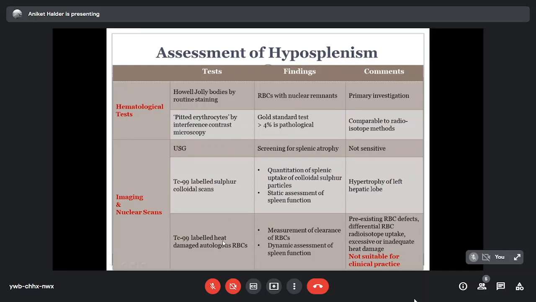In the technetium-labeled heat-damaged autologous RBC transfusion method, the nuclear scan is used to identify the clearance rate of the RBCs. So this measurement of the clearance of the heat-damaged RBCs allows the dynamic assessment of the splenic function, and hence the presence of hyposplenism can be picked up by these scans.